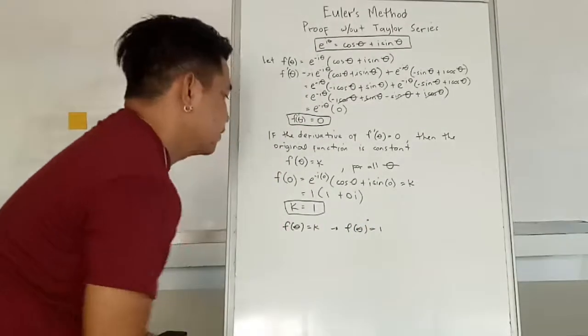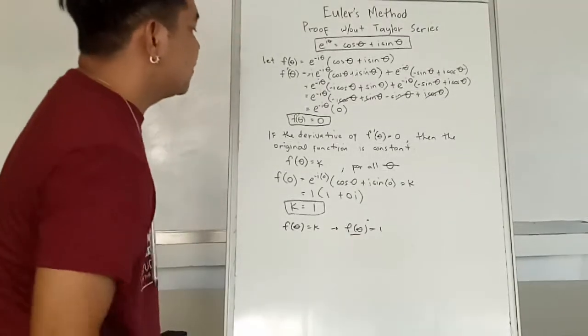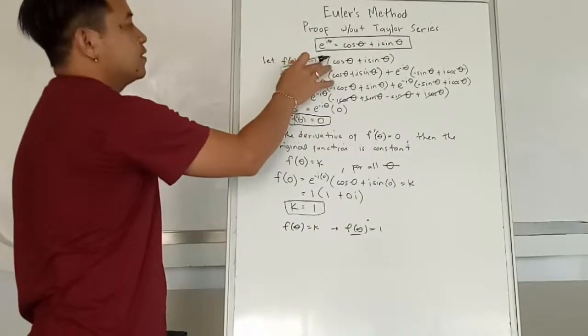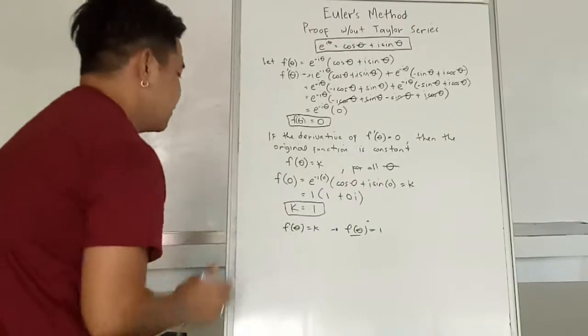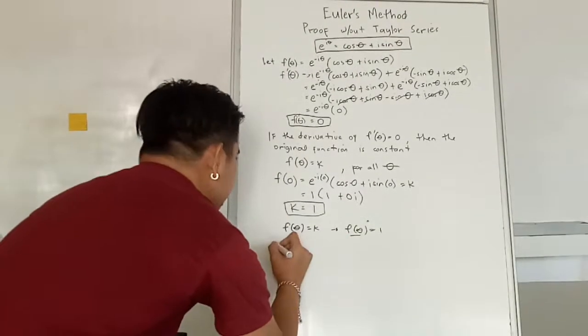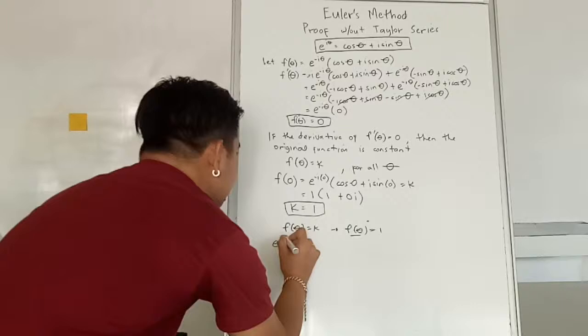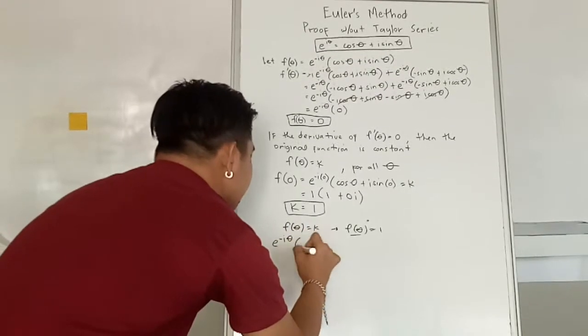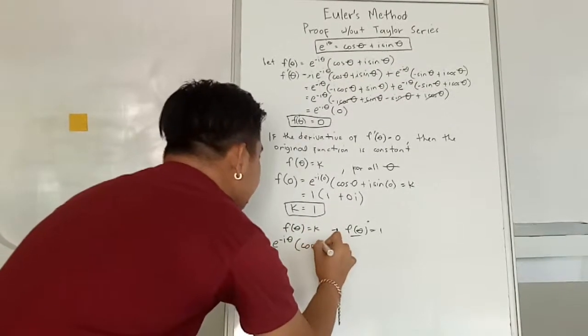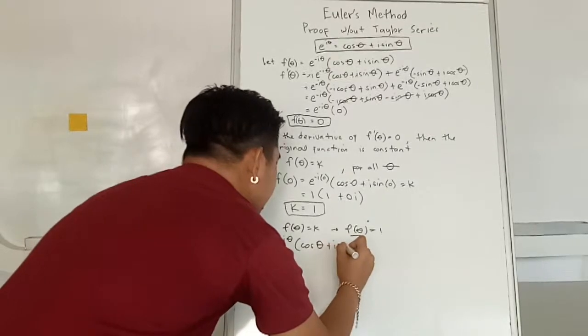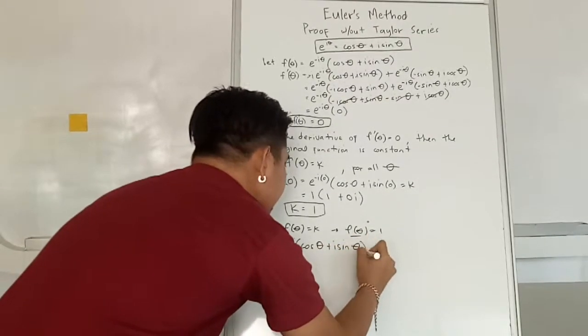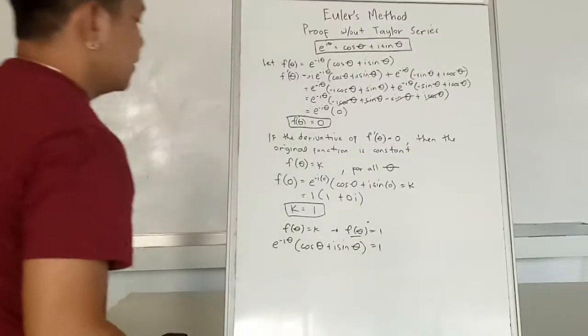So we substitute the value of theta, so we know that f of theta is e raised to negative I theta times cosine theta plus I sine theta, which is equal to 1.